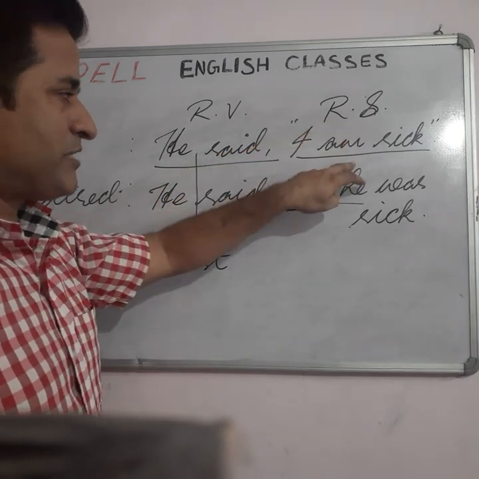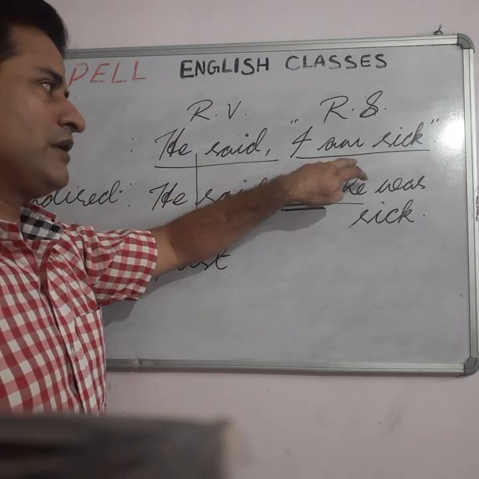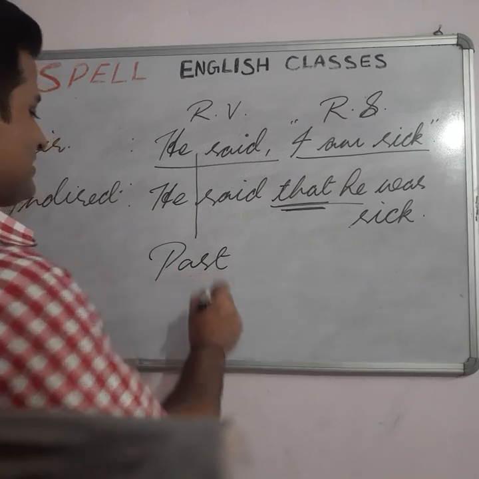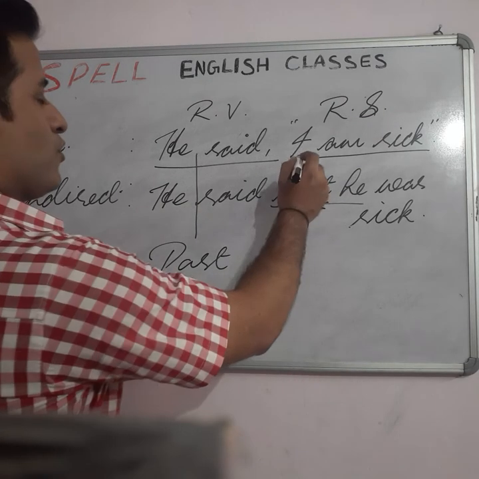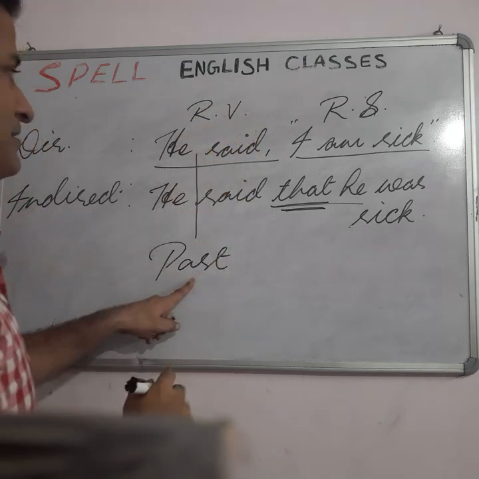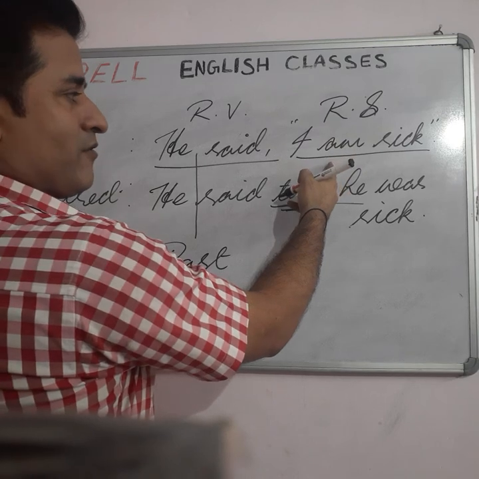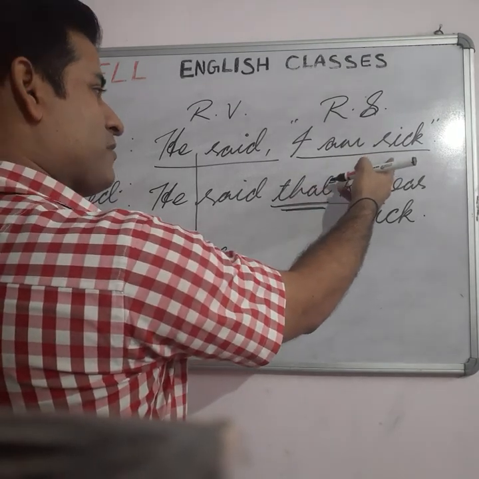This reported speech part receives any kind of change only when the reporting verb is in past tense. When the reporting verb is in past tense, then only you have the permission to carry forward any kind of change to this part.